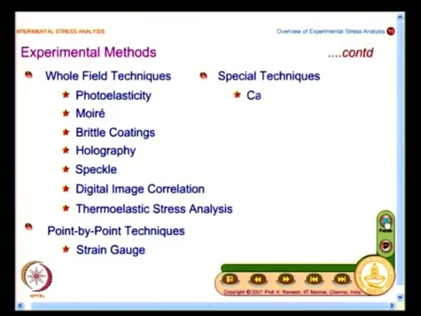And you also have special techniques. As I mentioned in the beginning of the class, there is an optical phenomenon where light gets reinforced and you get a silver line. This is the phenomenon of caustics, which is used in high stress gradient problems, like when I want to find out the stresses developed in the vicinity of a crack.